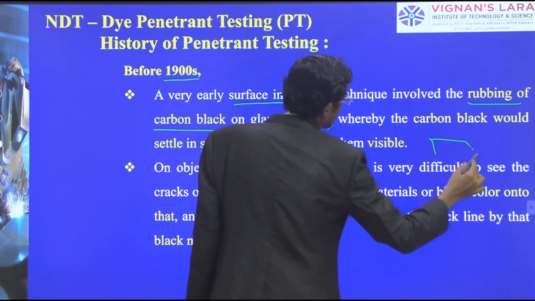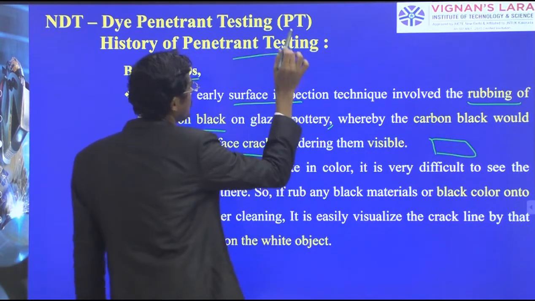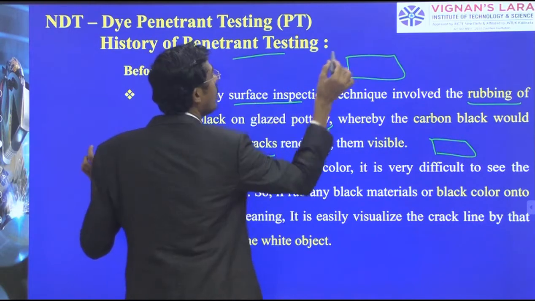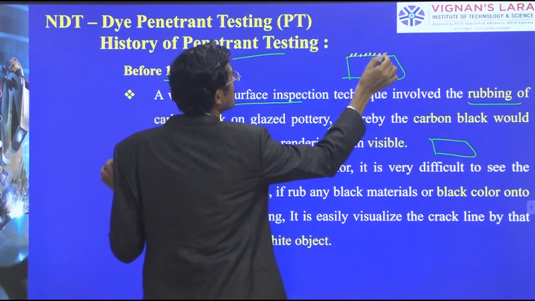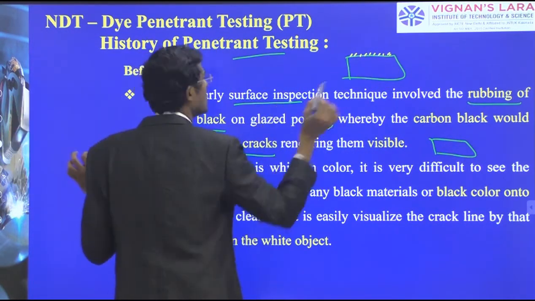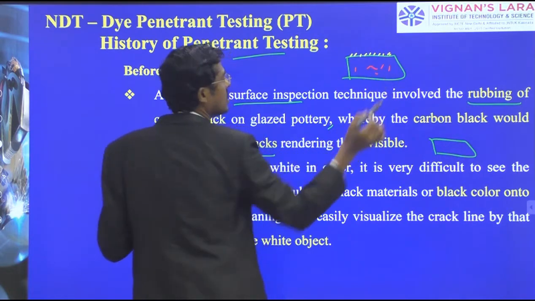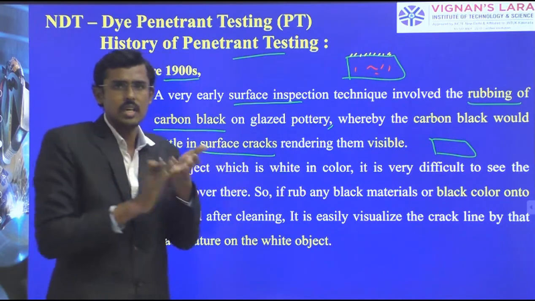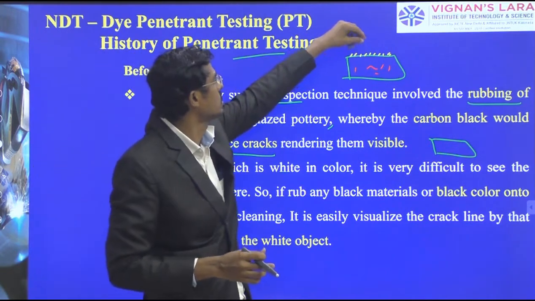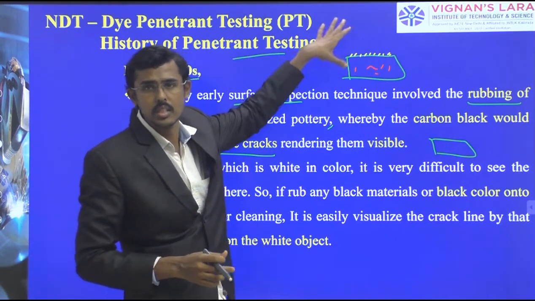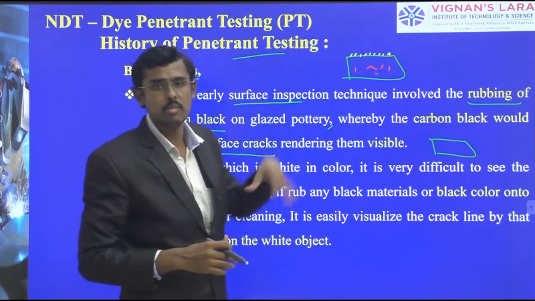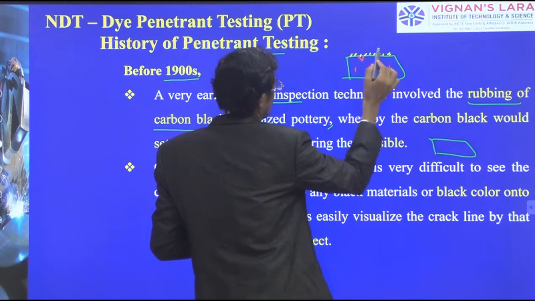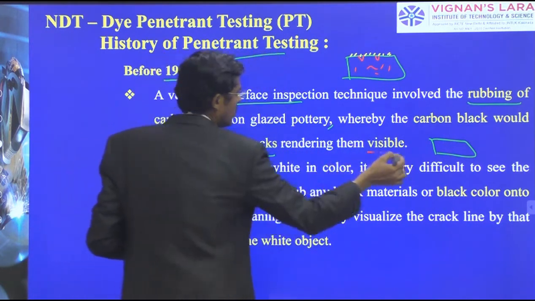This penetrant test is only for the surface. This is the surface, right? And this is the subsurface. When we put the carbon black as scraps or powder on the top surface of the material and a crack is available here, it falls there, so it is visible.